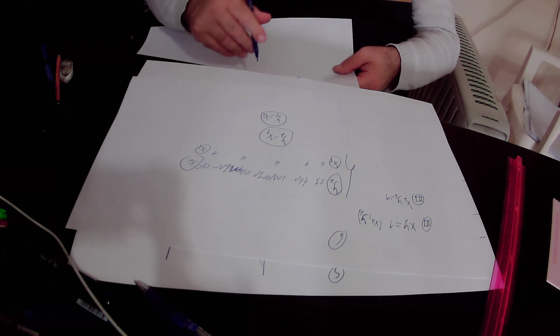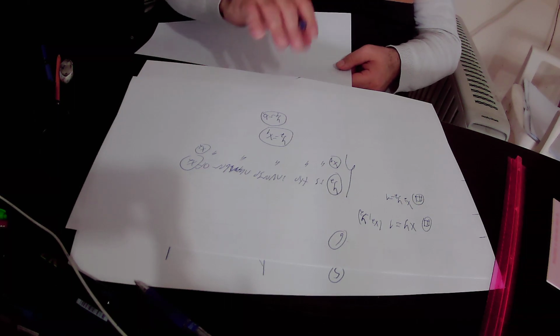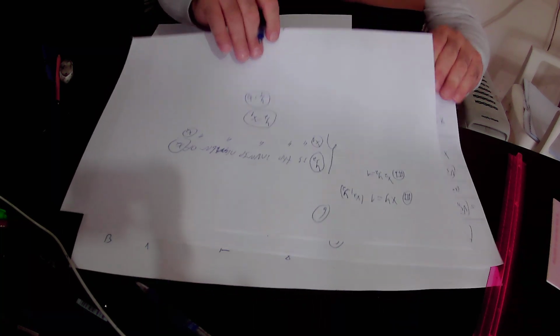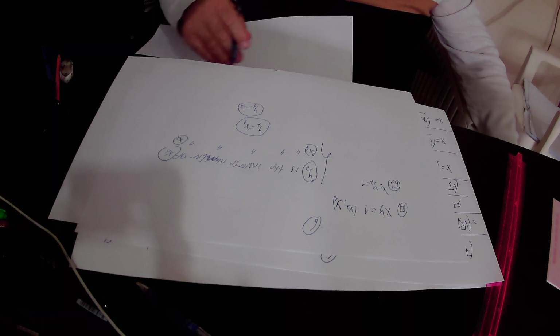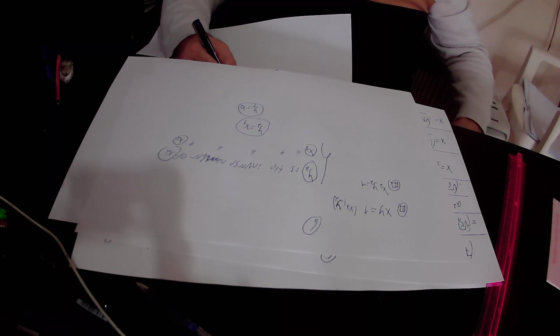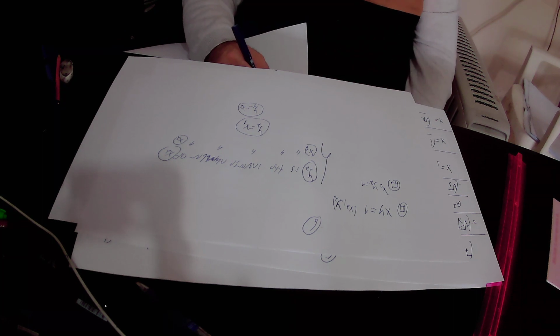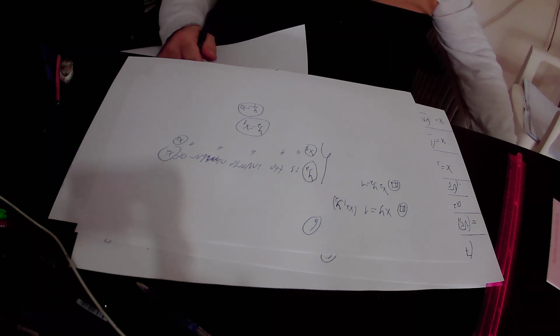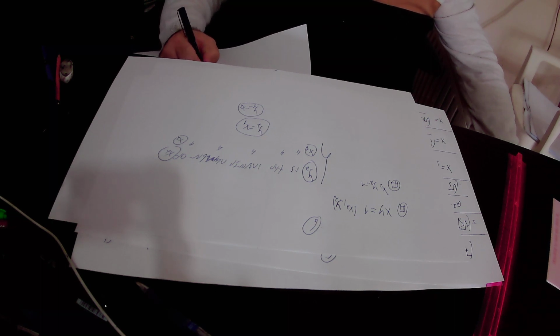So the solution will be: the first solution to the question will be x1, y1, and we have already found out that x1 equals square root of 2 plus 1 times square root of 5 minus 1, divided by 2.